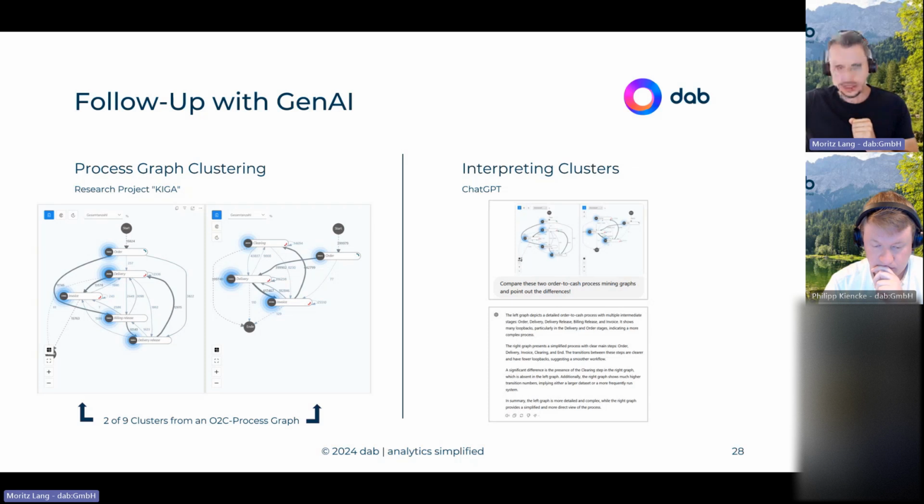For the right cluster, ChatGPT says the right graph presents a simplified process with clear main steps: order, delivery, invoice, clearing, and so on. Then ChatGPT tells us the differences. A significant difference is the presence of the clearing step in the right graph, which is absent in the left one, and so on. And as you can see, with this methodology of clustering a process mining graph, even the follow-up with generative AI is now possible.